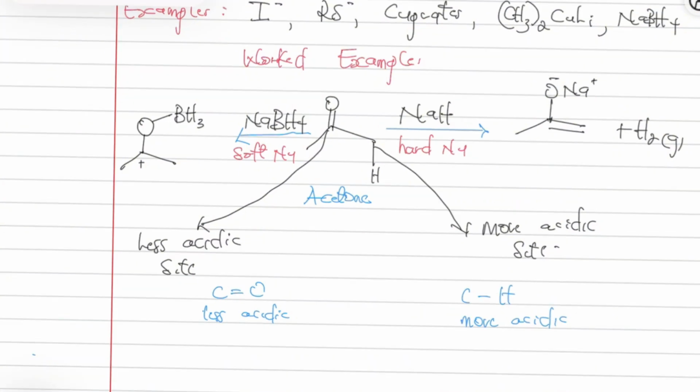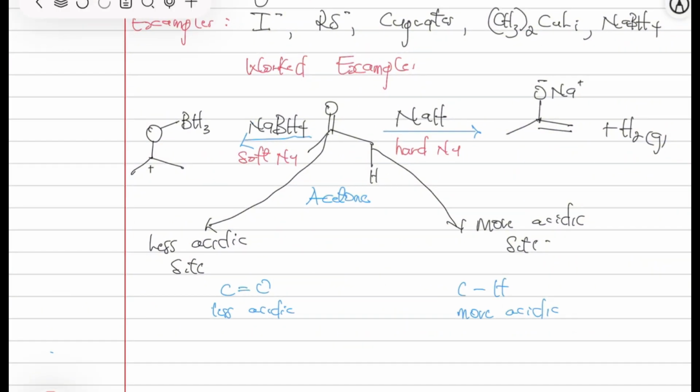Another way to figure out why the CO double bond is regarded as the less acidic side and the CH bond as the most acidic side is having a full knowledge of the orbital energy level. So I'm going to represent the orbital energy level.